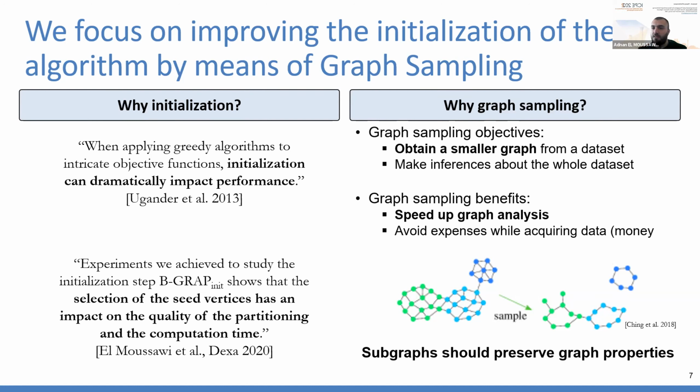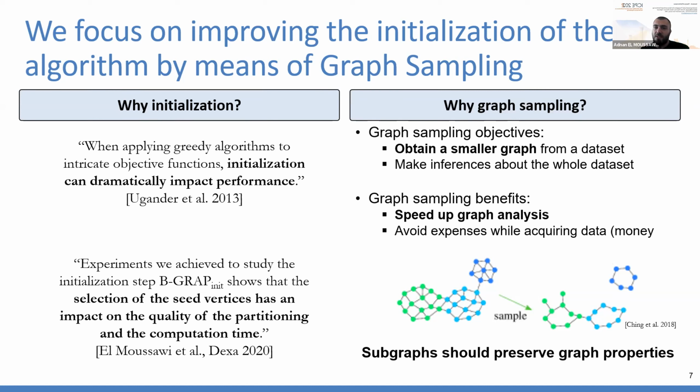So in this paper, we study the impact of sampling and integrate the sampling in the initialization step by using a sample of the graph instead of taking the whole graph in the partitioning, and then propagate the result of the partitioning based on the sampling result.